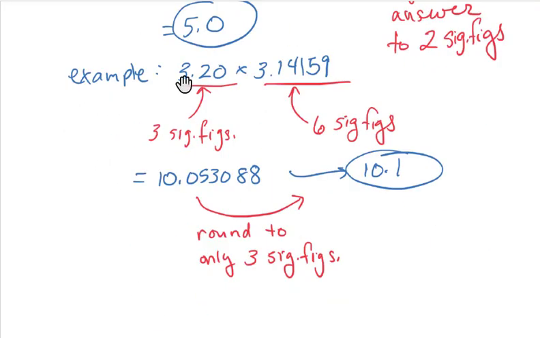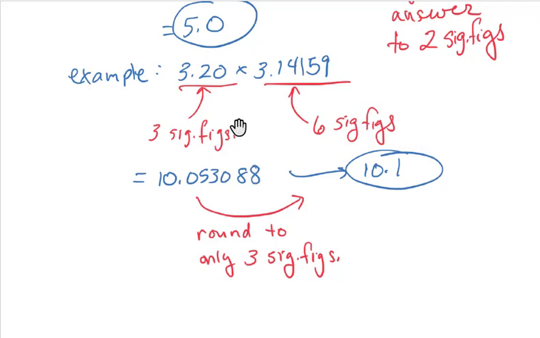Now if we did 3.20 times 3.14159, I would say that this is known to 3 sig figs, and this is known to 6 sig figs. So the 3, the 2, and the 0 are all implied to be well known and measured. The 3, 1, 4, 1, 5, and 9 are all implied to be important and measured. So then our answer from a calculator would have a lot of sig figs. All right, but we should round this to imply the precision.